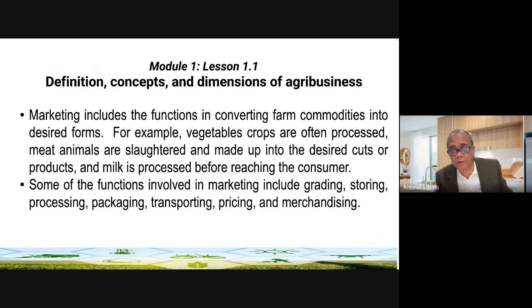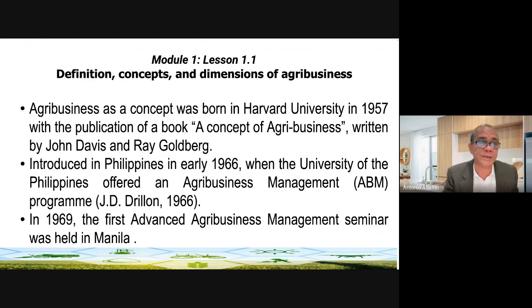Some of the functions involved in marketing include grading, storing, processing, packaging, transporting, pricing, and merchandising. These are all the different functions that actually transform agricultural production, which is now fast becoming the dynamic coverage or scope of agribusiness.